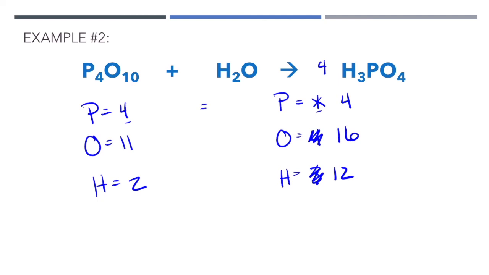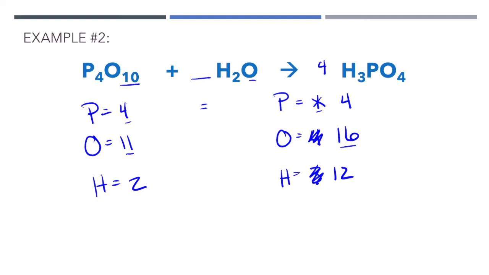Now let's balance oxygen. I've got 16 oxygens over here, and I need to have 16 on this side. I have 11, and the good thing about this, even though this is an odd number, is that 10 of those oxygens are in one compound, and 1 of them is in another compound. So if I just added a coefficient here in front of water, then I could potentially have 16 oxygens on this side.